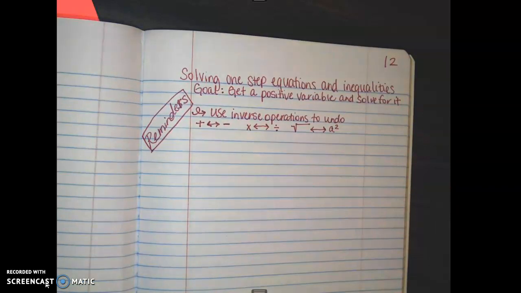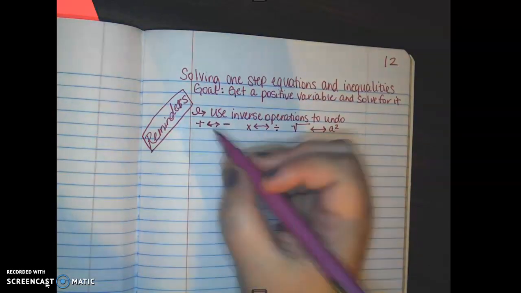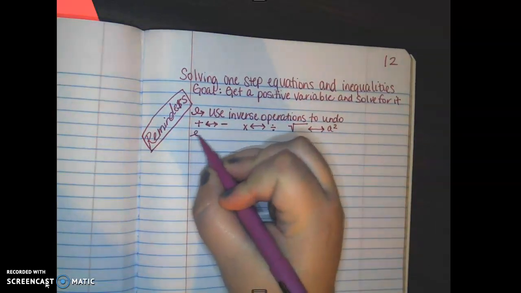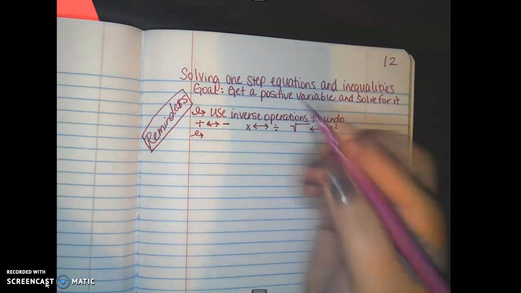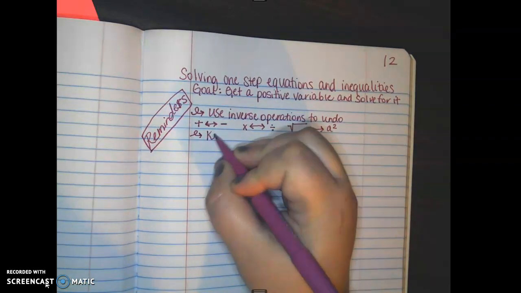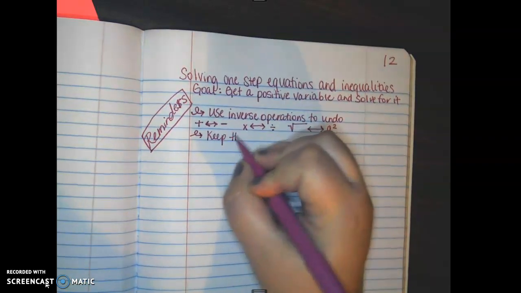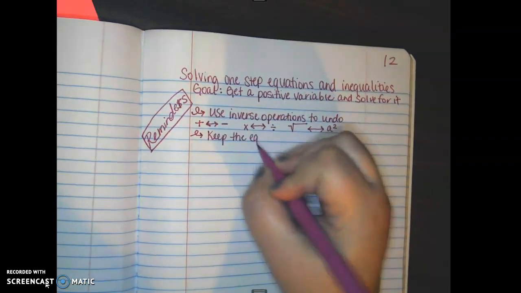Those undo each other. Alright, we're going to do another loop with an arrow, or you can just do an arrow. I don't really care. As we're going to keep the equation balanced.